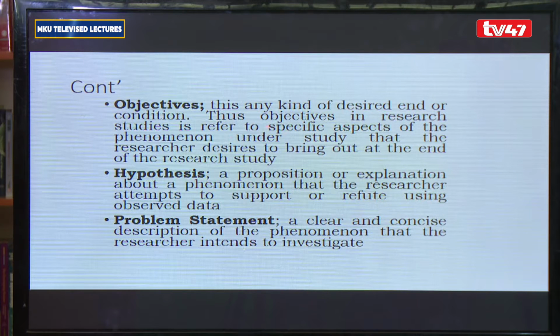We say objectives in research studies refer to specific aspects of the phenomenon under study that the researcher desires to bring out at the end of the research study. Now, objectives, as we talked about them earlier in research methodology, you recall how we use specific terms to state them. We shall be stating them as we move on or as we develop our proposal.